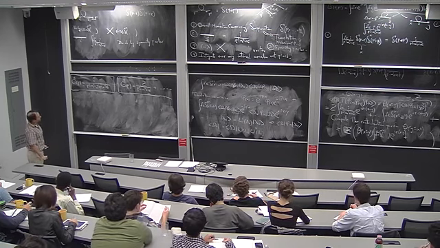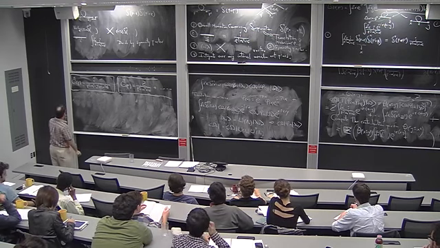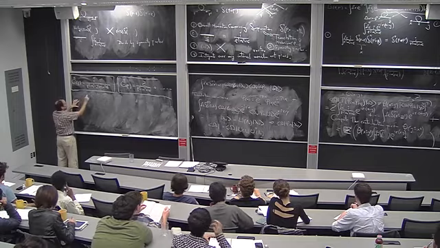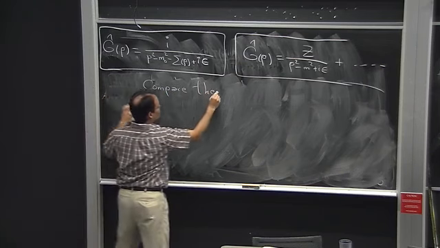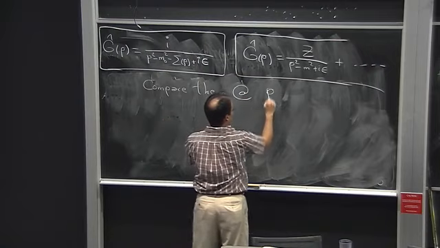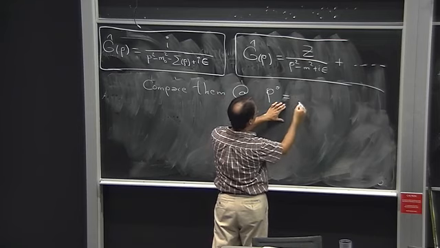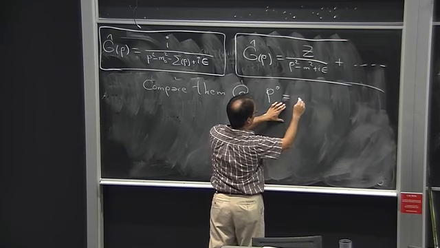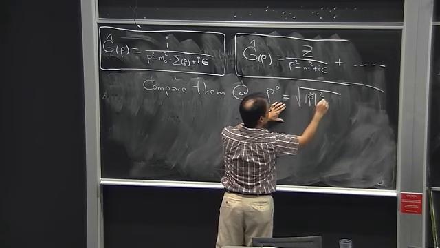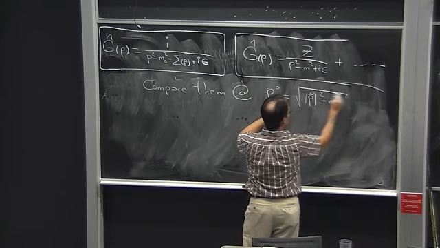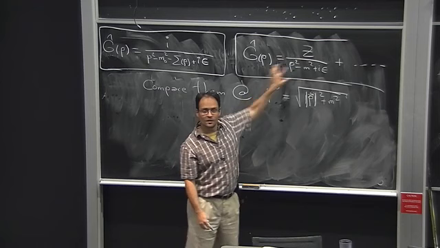Well, it doesn't look quite obvious, okay? So let me suggest we compare them at a momentum p0 that happens to be equal to the square root of p squared plus m squared.